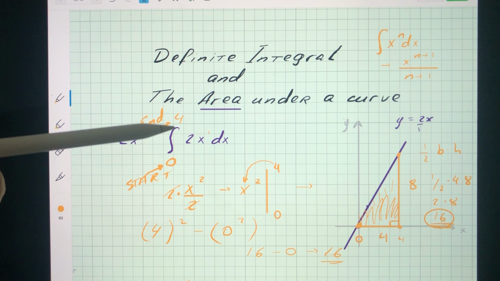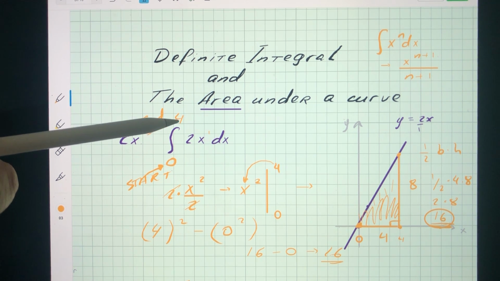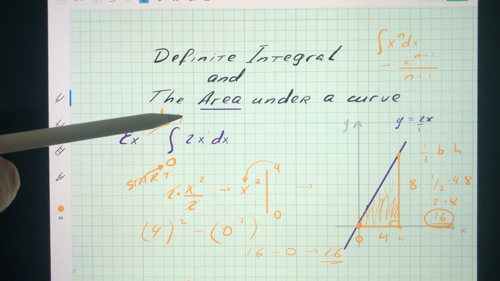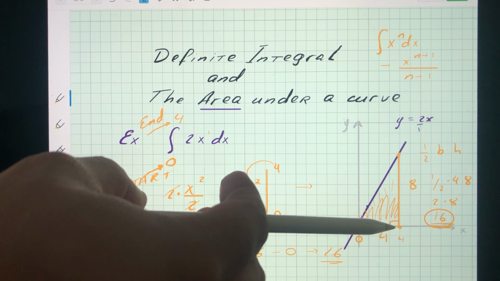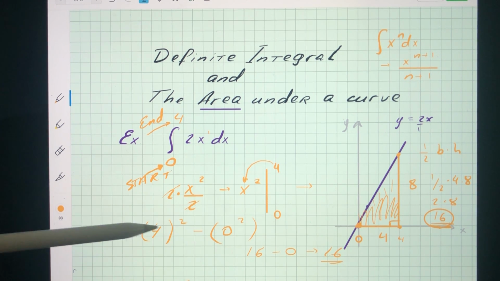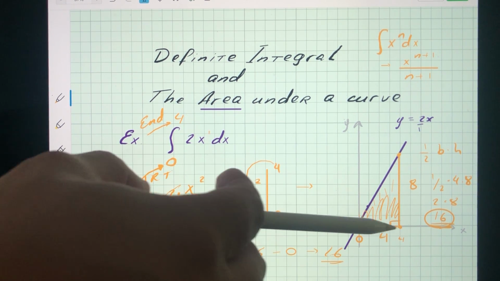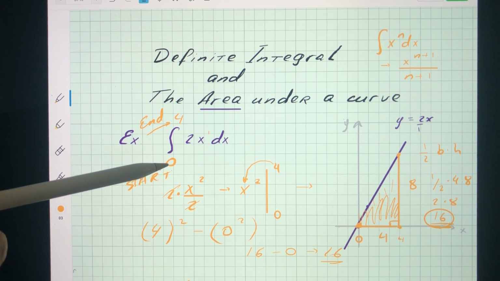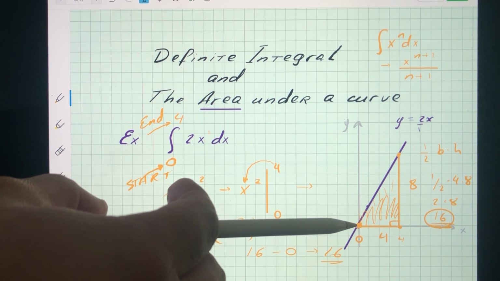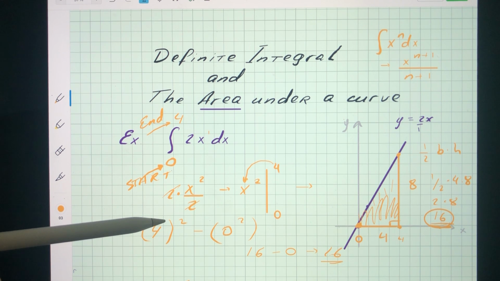Why does that work? Well, when we have the top number, it tells us what is the area from 4 all the way to the left, to forever. But we don't need all the way to forever. From 0, the integral of 0 tells us what's the area from 0 to the left, forever.